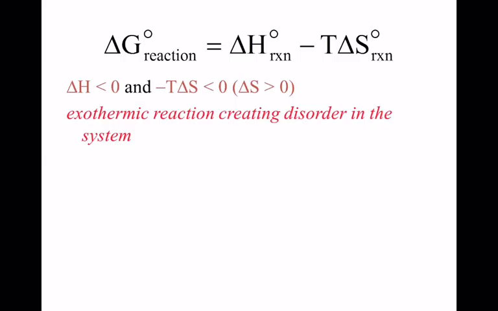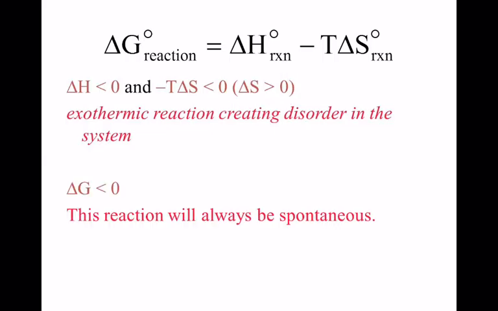And we're going to go with a positive delta S, which also favors spontaneity. Bottom line is, if you have a negative enthalpy and a positive entropy, there's no way you can screw it up. Your delta G is always going to be negative. Your reaction will always be spontaneous.